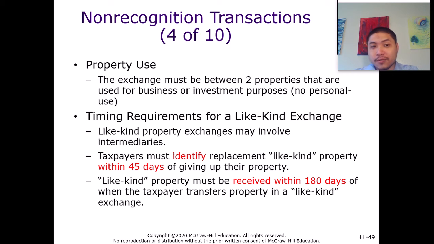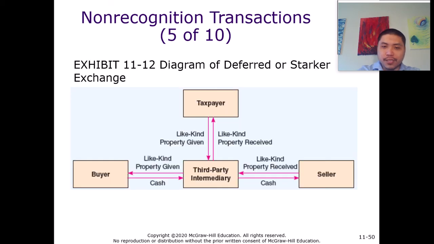So most of the time, exchanges like this may involve a third party. If you look at this diagram, it tells how the third party may be involved. Imagine we are the taxpayers here. We have a piece of land, but we want to exchange it to get some other piece of land. But as we know, it may be difficult to find a person who has a piece of land that we want.